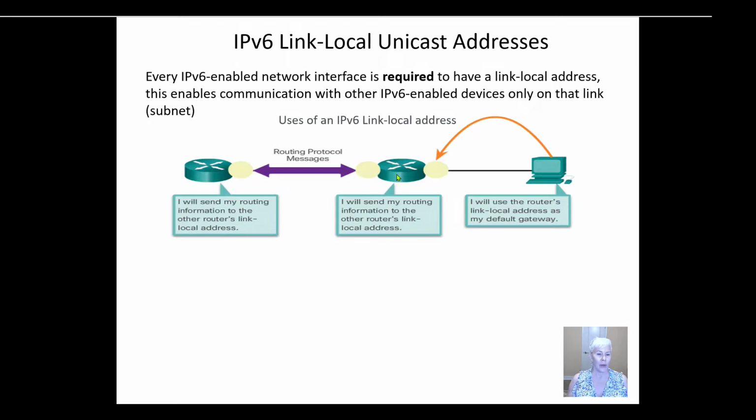And these link local addresses are usable between the devices that are on the same network. And they will often be used. So like a router connected to another router will use the link local addresses to share routing information.